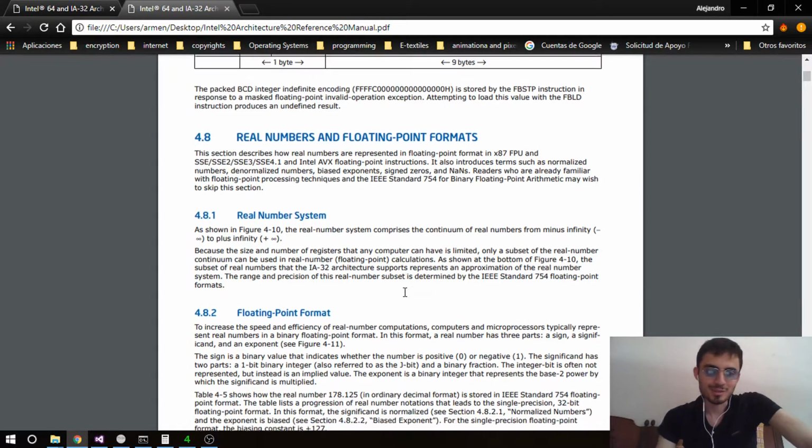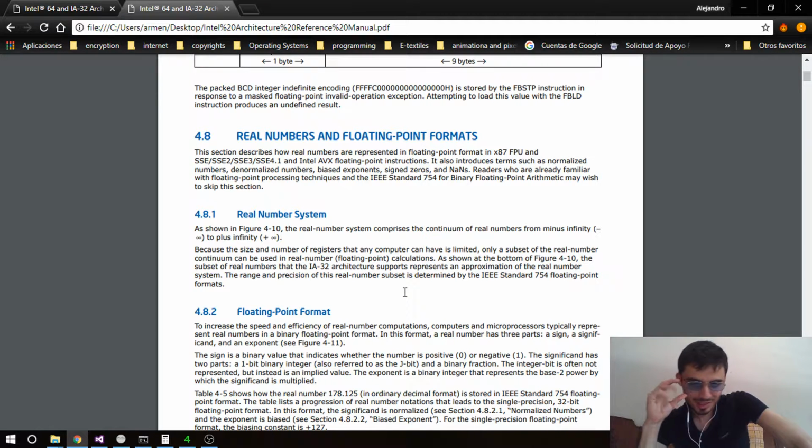Okay, so we had to read this because here is the essence of what biased exponents and normalization are, and this is going to be the explanation for that stuff.